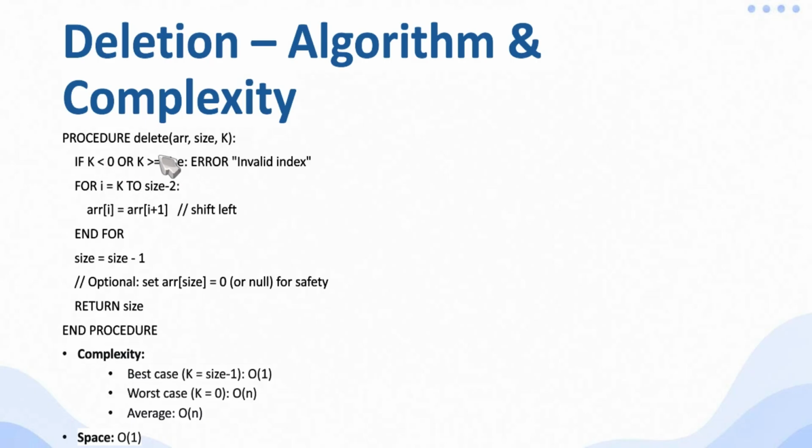Also size greater than or equal to k is invalid, right? In arrays, we are indexing from 0 to size minus 1, right?